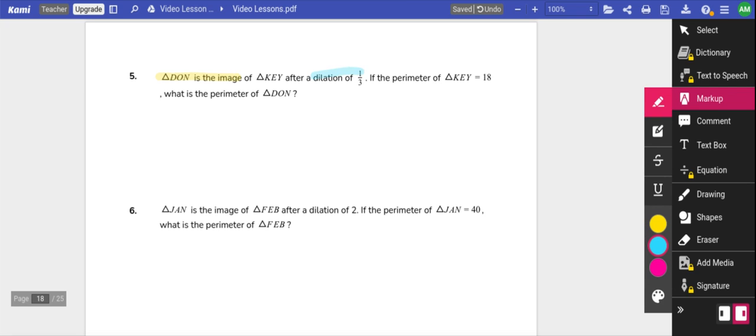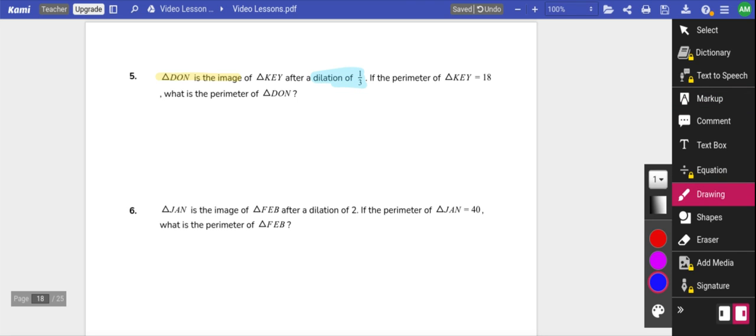Then I know that it's a dilation of 1/3. If the dilation factor is 1/3, that's the same as the scale factor. Now, it tells me the perimeter of Key is 18, and it wants to know the perimeter of Dawn.